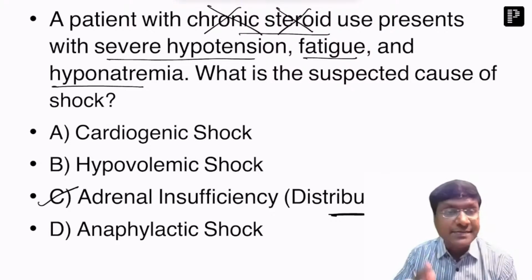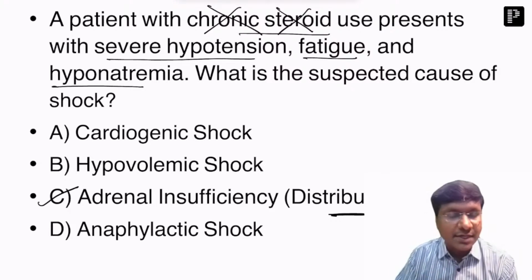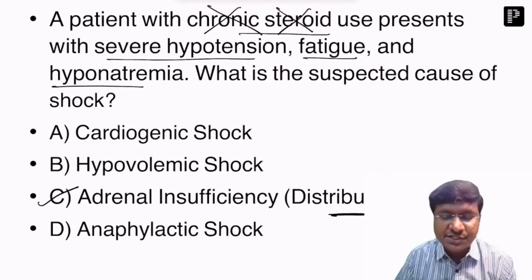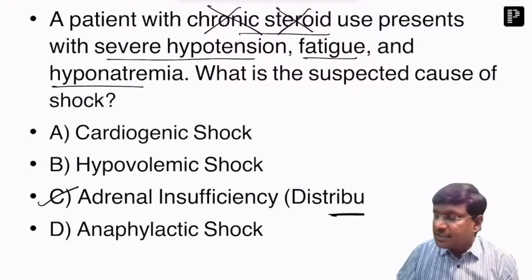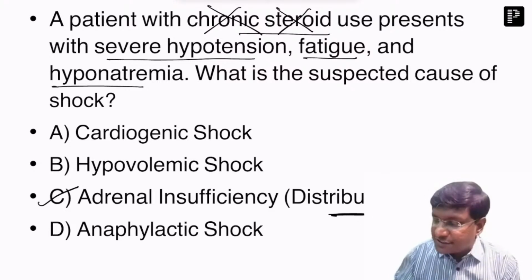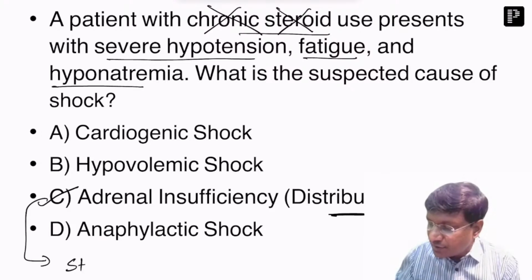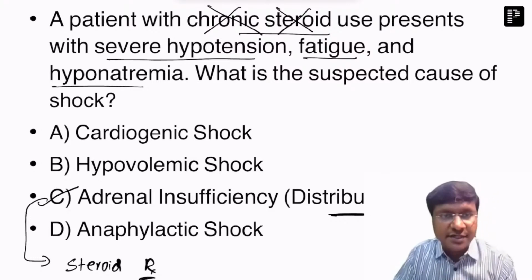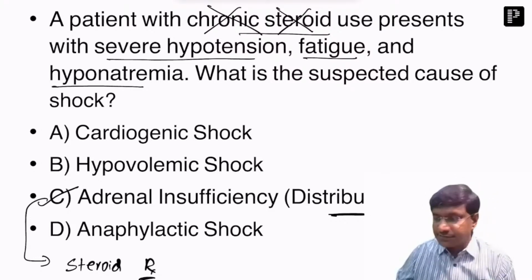Once he suddenly stops the steroid therapy, there will be adrenocortical insufficiency, and adrenal insufficiency is a form of distributive shock. The treatment you need to give in these patients is again steroid therapy, because the reason for the adrenal insufficiency is sudden stoppage of the drug. Okay, next question.